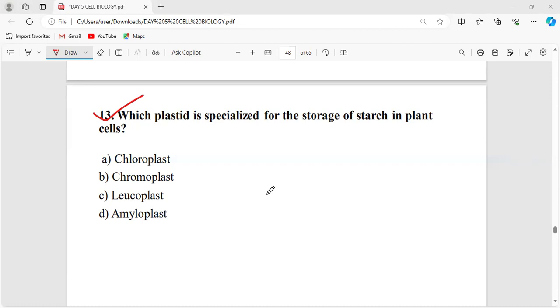And how many types are there in plastids? Generally, we can classify plastids into two categories. Very good, chromoplast and leucoplast. And chromoplast is further categorized into chloroplast, rhodoplast, and pheoplast. And leucoplast will be further categorized into amyloplast, elaioplast, and proteinoplast.